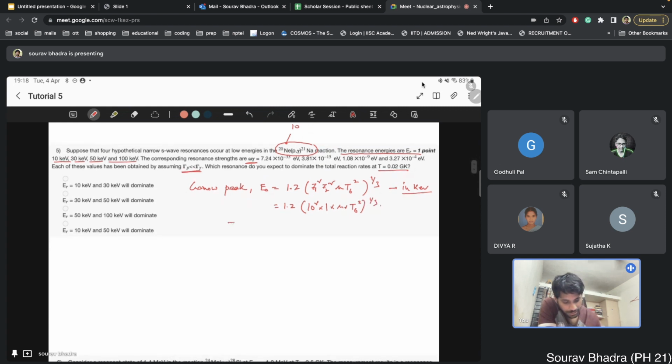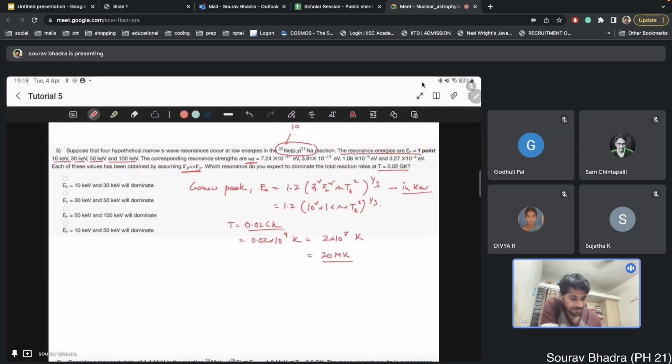So T is given as 0.02 gigakelvin. 0.02 gigakelvin means 10 to the power 9 Kelvin, that means 2 into 10 to the power 7 Kelvin, which is equal to 20 million Kelvin.